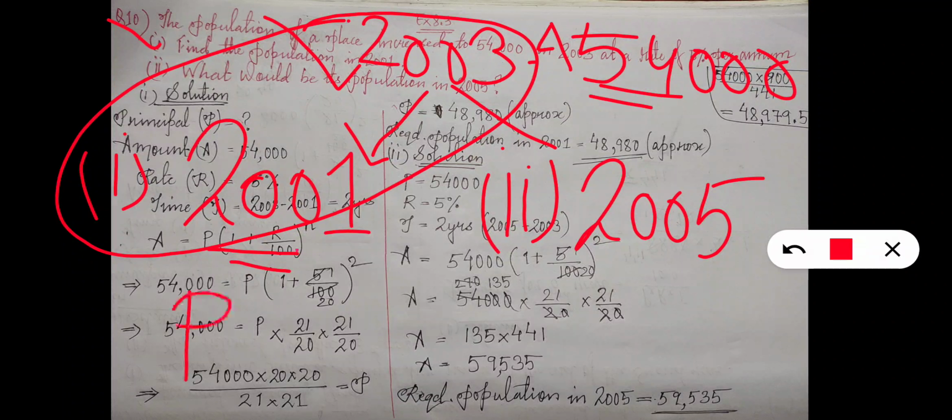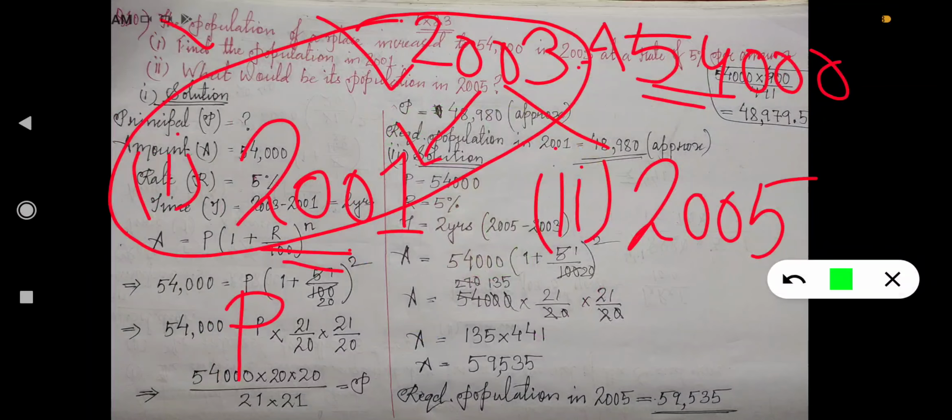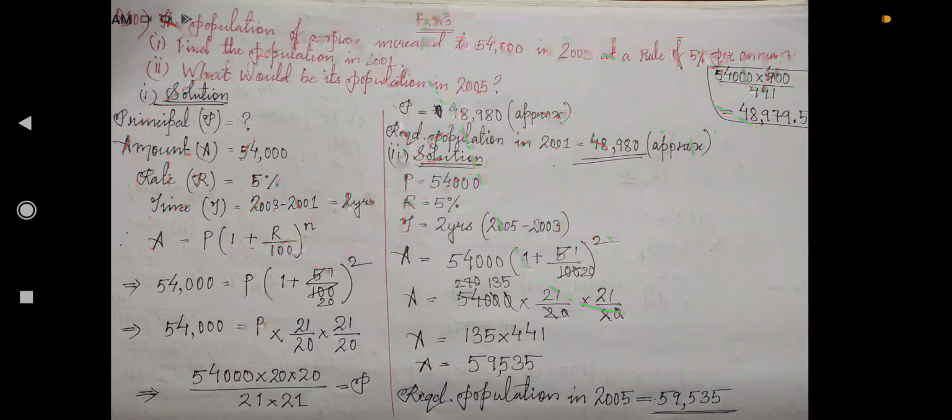Now when you compare these two cases, this is greater, so you have to find the amount, and this will be the principal for this. Are you getting my point? Okay, let's start.